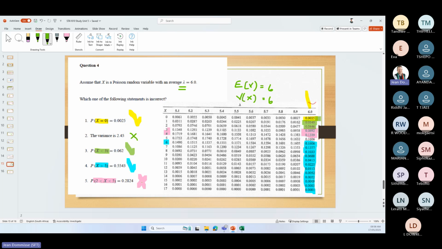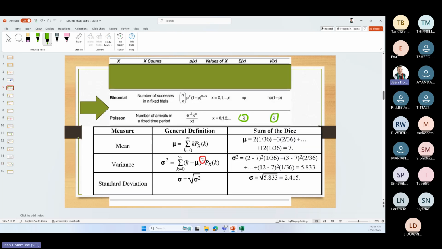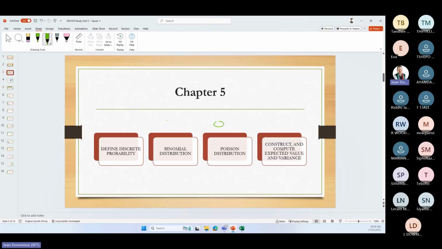Okay, guys, so you would now have seen what we did this morning. We looked at working out the probabilities with the binomial, the discrete, and the Poisson.